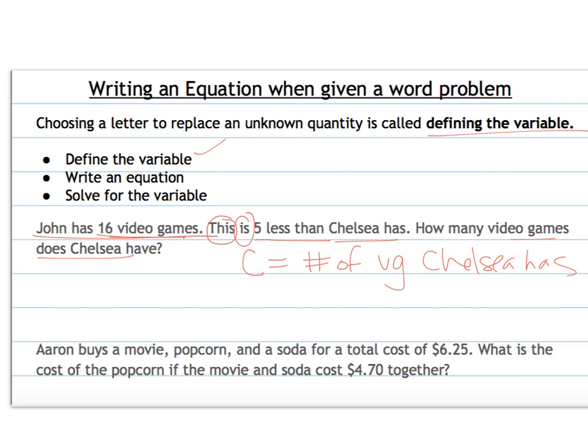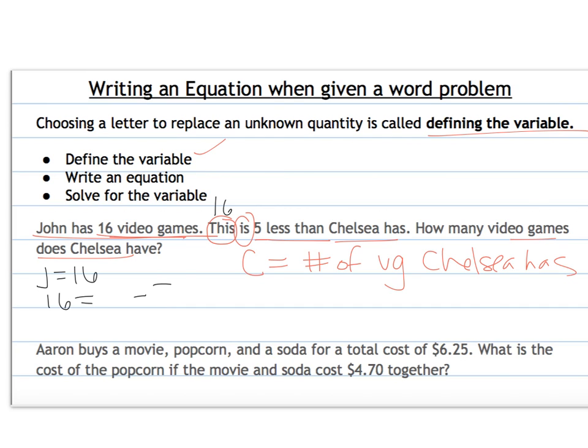Define my variable. I'm going to write the equation. What I know is that John has 16. I also know that what John has, which is 16, is 5 less than what Chelsea has. Remember, that's not Chelsea less than 5. That would be in reverse.